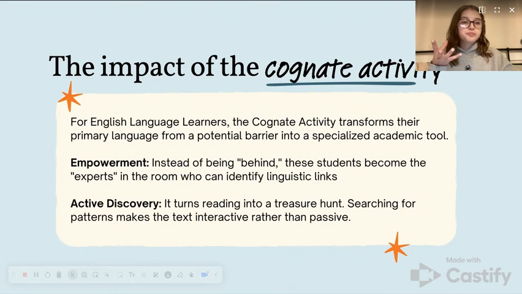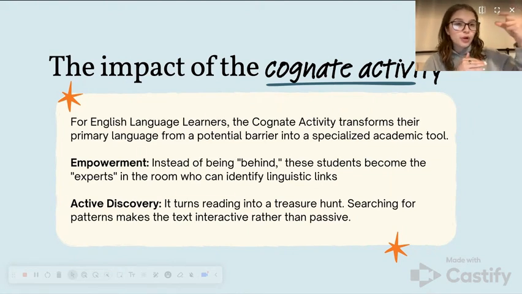And then empowerment. Instead of being behind, these students become kind of like an expert in the room, identifying these linguistic links. And like I said earlier, when you have that growing cognate list, it allows them to see grammatical patterns as well.